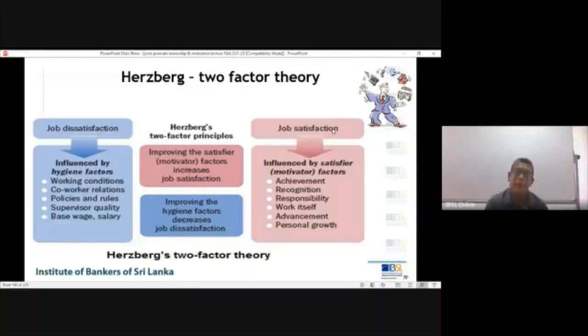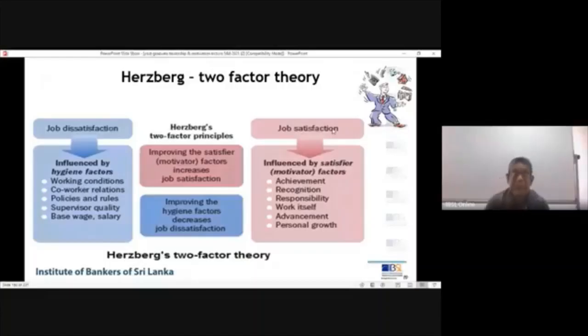And what are the motivating factors? We call them job satisfaction factors: achievement, recognition, responsibility, work itself, advancement, personal goals.